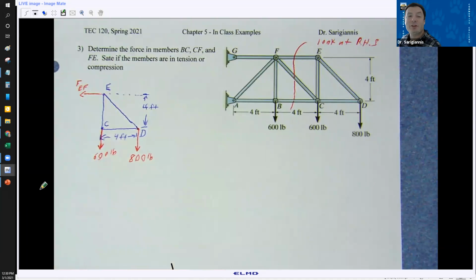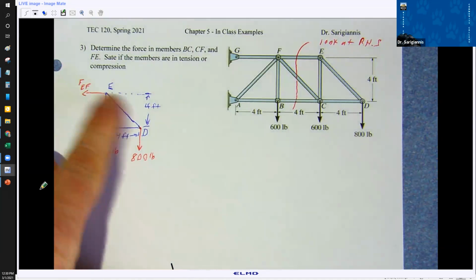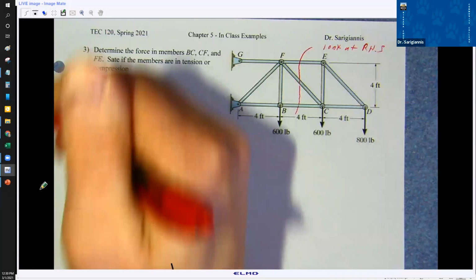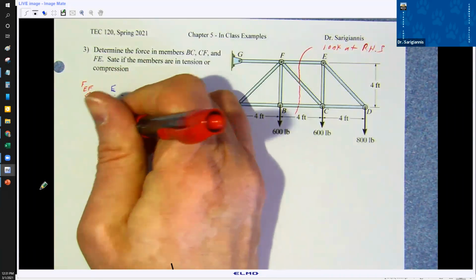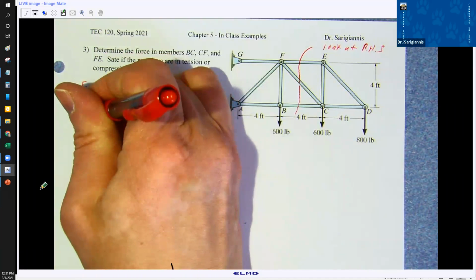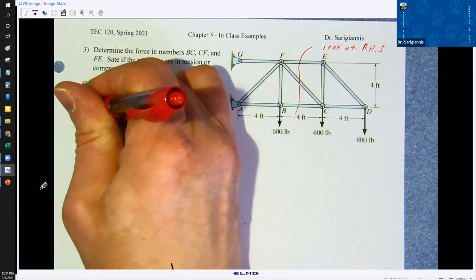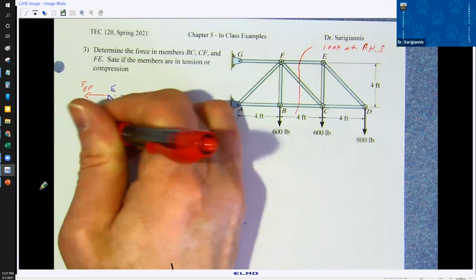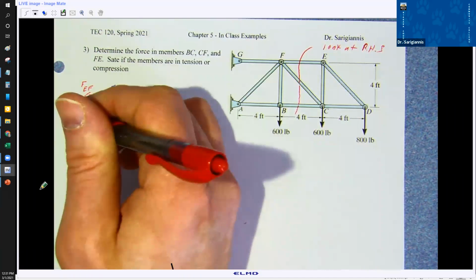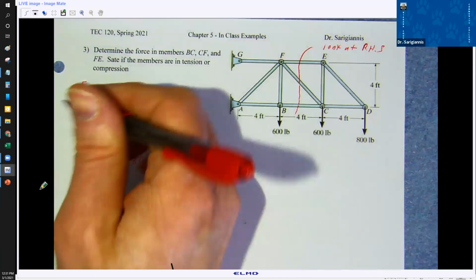And it's helpful to label the forces by the letters in the direction that they're going, right? So here from E to F, that's the force between E and F. Down at C, we've got two forces. We've got CF and then we've got CB.